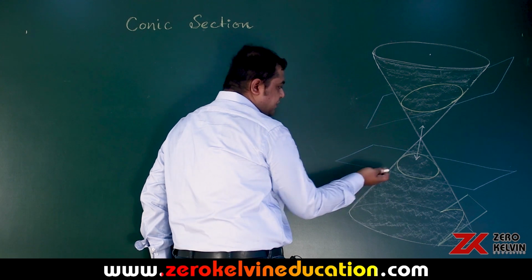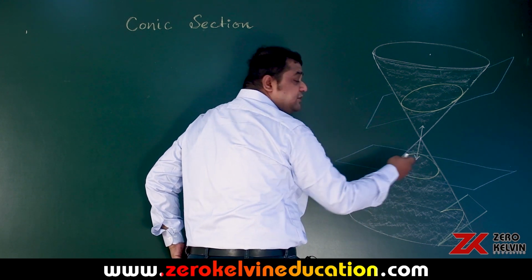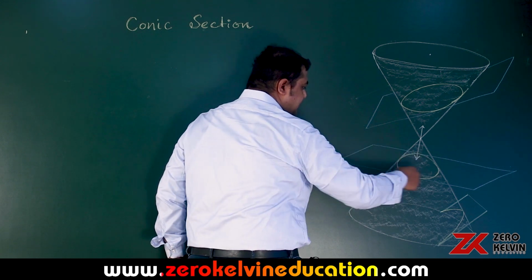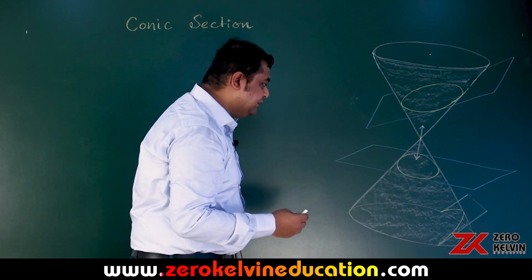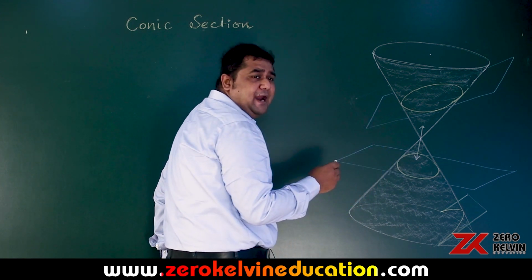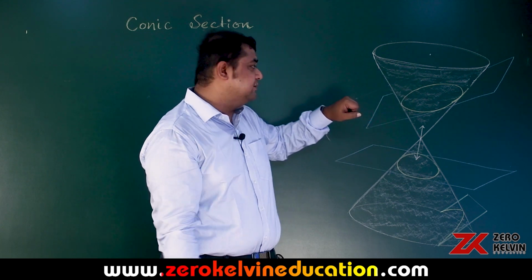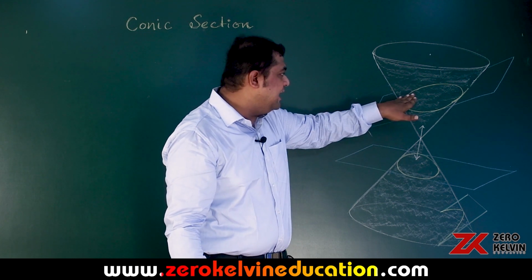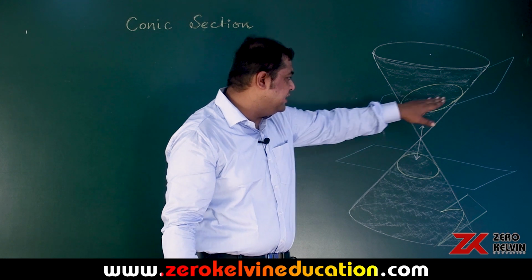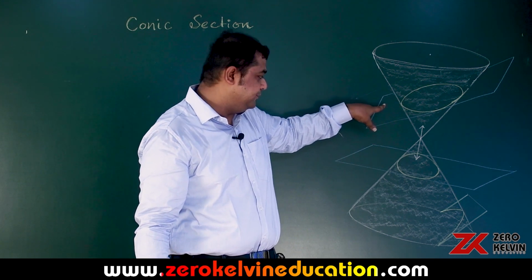This particular section for a right circular cone is going to give us a circular surface, and hence the boundary is a circle. We can think of a section which is not parallel to the base but also does not open to the circular base section, and this inclined section which is generating a closed diagram over here, the boundary is called an ellipse.